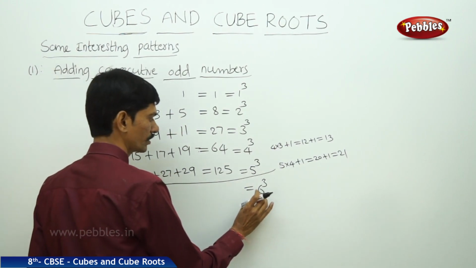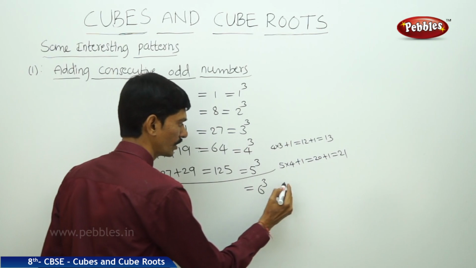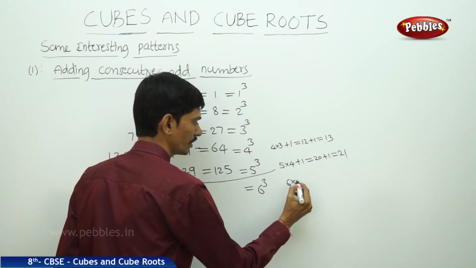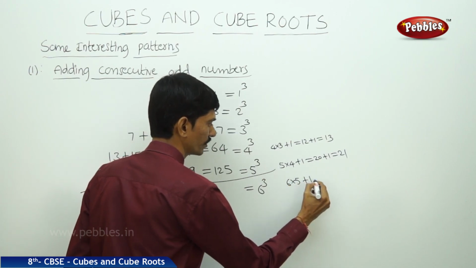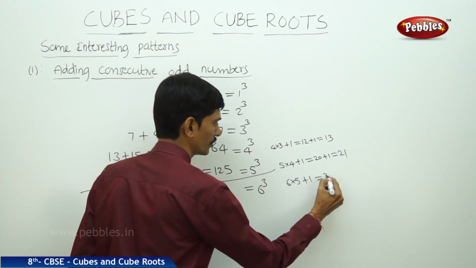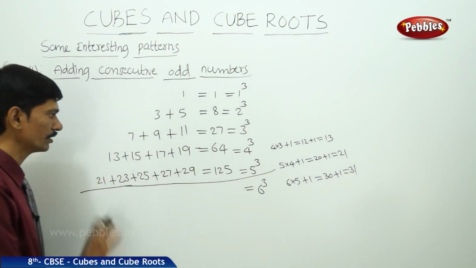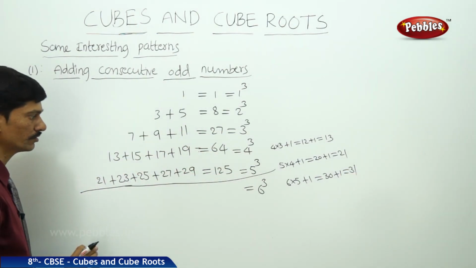Then how to take 6 cube? Here we can write 6 into, decrease by 1, means 6 minus 1 is 5, plus 1. This equals 6 5s are 30 plus 1 equals 31. So starting from 31 we should take 6 consecutive odd numbers.